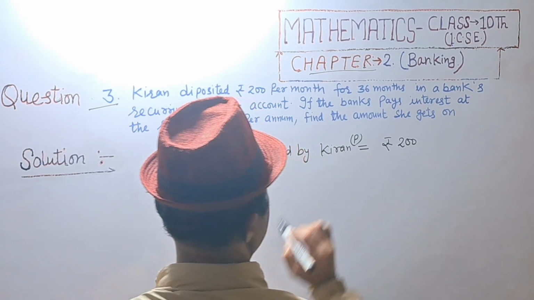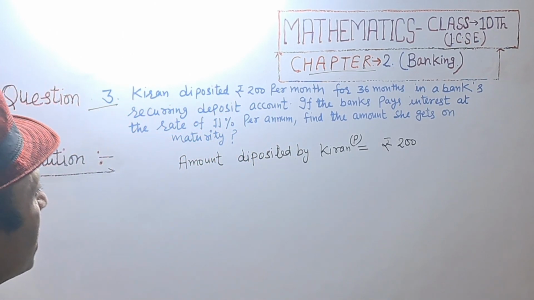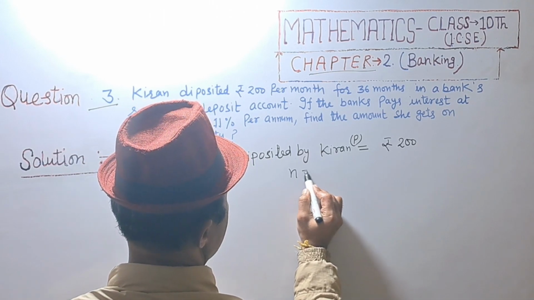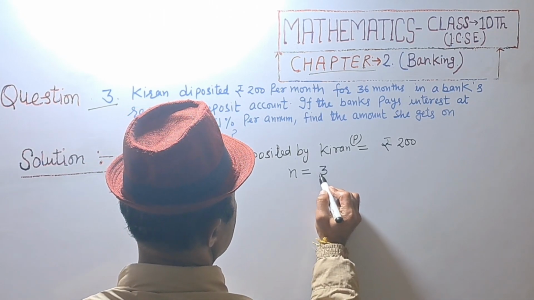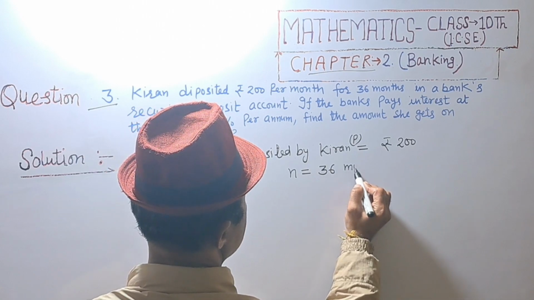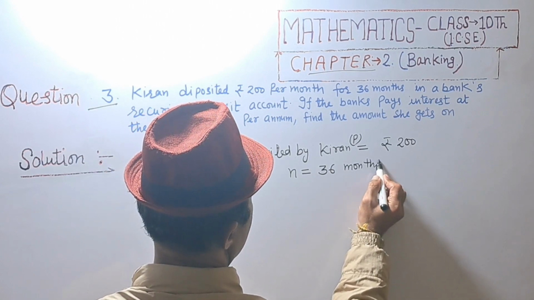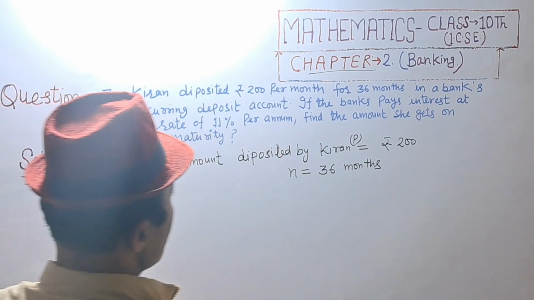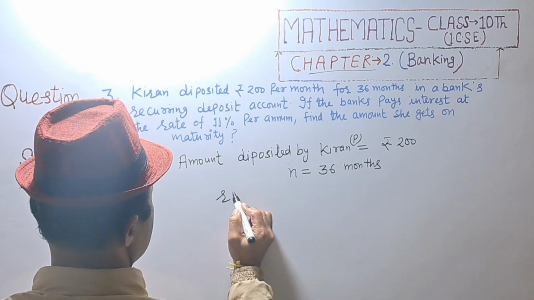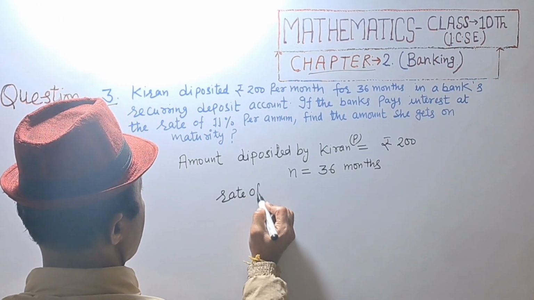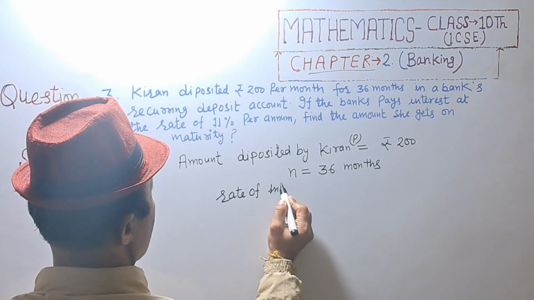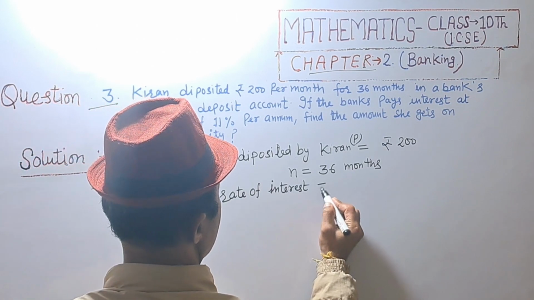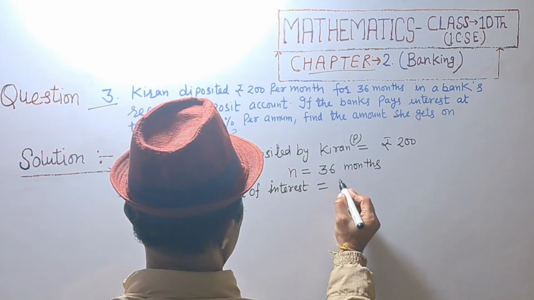That is P. And time period N is equal to 36 months. Rate of interest is equal to 11%.